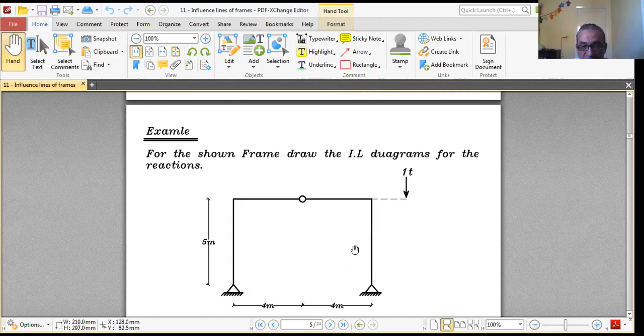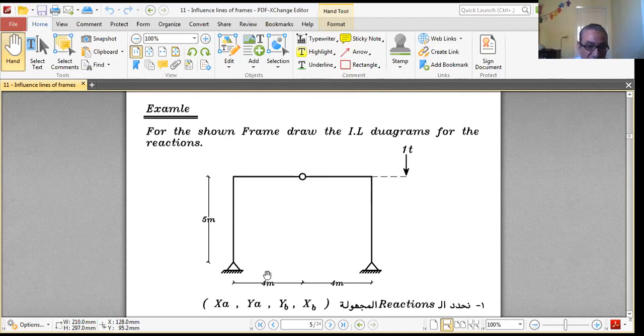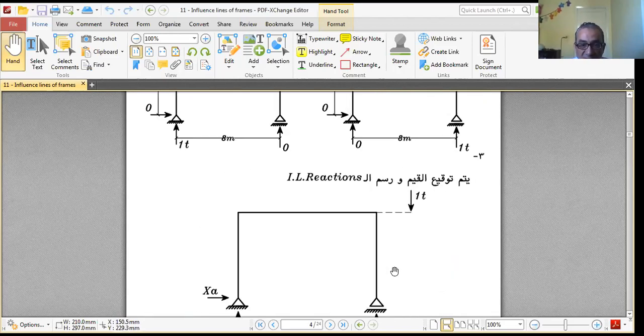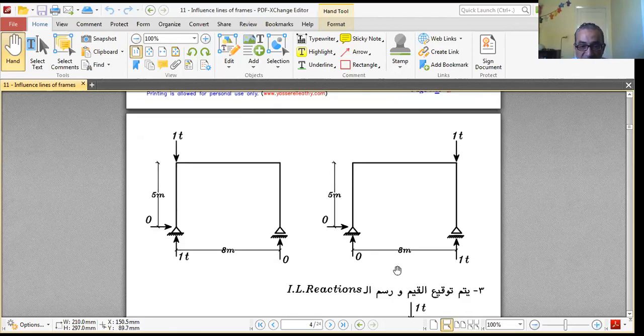Example: for the shown frame, draw the influence line diagrams for the reactions. This is a 3-hinged frame, with two hinged supports and an intermediate hinge on the top. We have the 1 ton moving from B to A, at 5-meter height, with an 8-meter span.